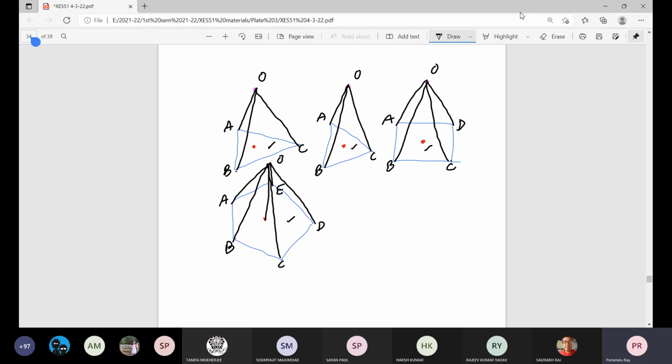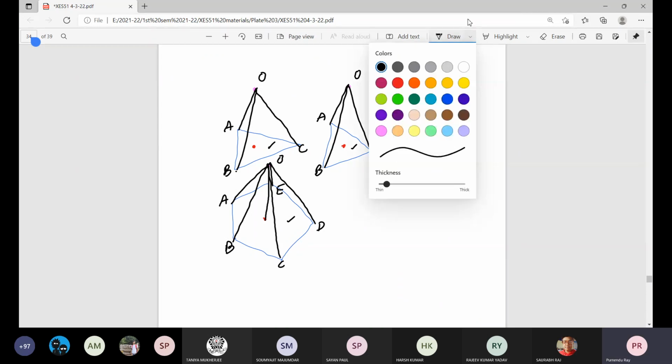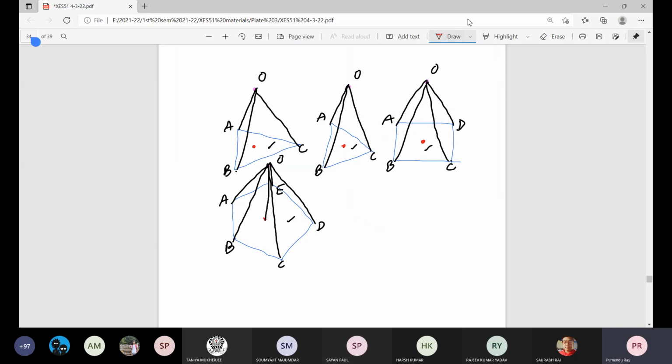So ultimately, whatever the way we make this solid, this geometrical axis is perpendicular to the base. So this point O is directly above the base center.